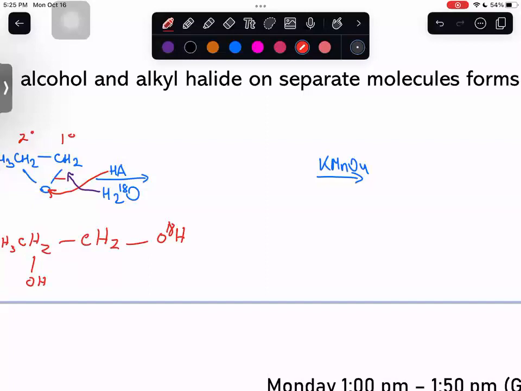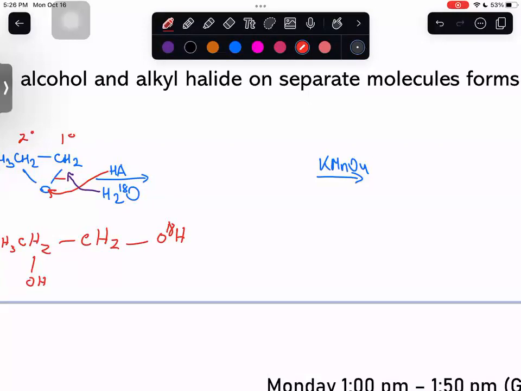We just saw it. It's a strong oxidizing agent. In this case, we're going to assume that it's in excess.